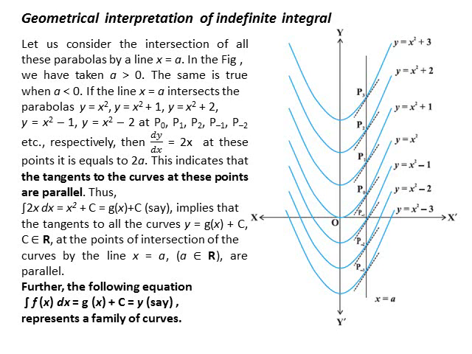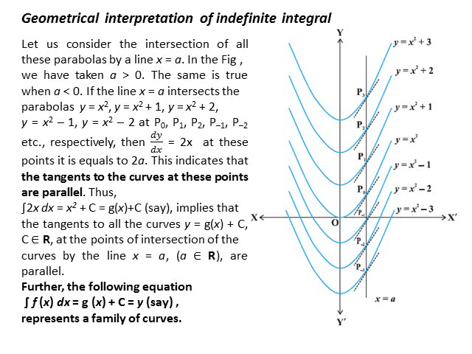Here the line x equals a intersects these parabolas at different points like P0, P1, P2, and so on. Then dy upon dx equals 2x at all these points, equal to 2a. This indicates that the tangents to the curve at these points are parallel.